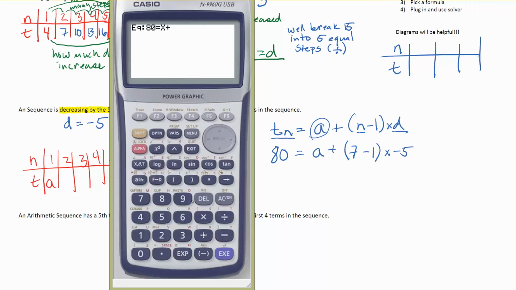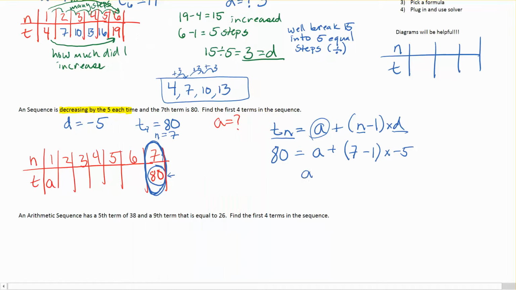Something I don't know, plus bracket 7 minus 1, which you could just simplify to 6, but if you're not thinking about doing that, times -5. Press enter and make sure you hit solve. And here you can see I've got x is equal to 110. So that tells me A is equal to 110.